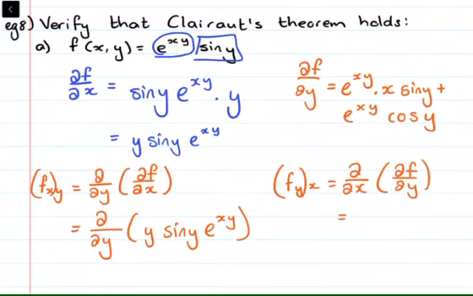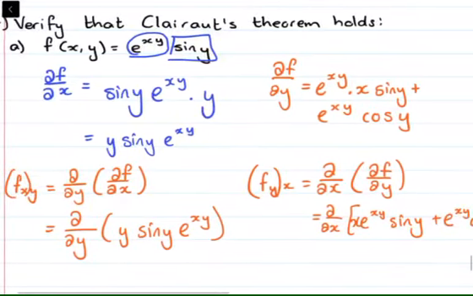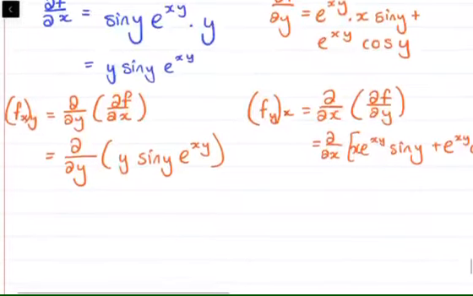So this means that you have to find the partial derivative with respect to x of e^(xy), you can put that x there, sin y plus e^(xy) cos y. Okay, so I'll just do one of them. You need to verify that these derivatives are equal.